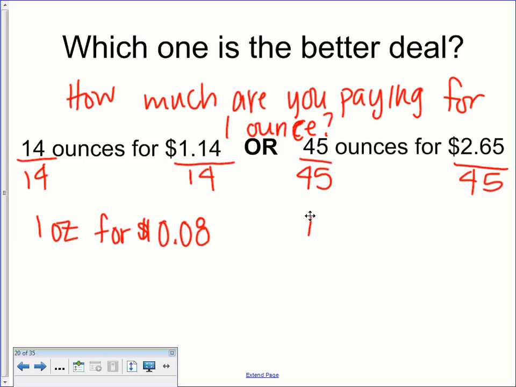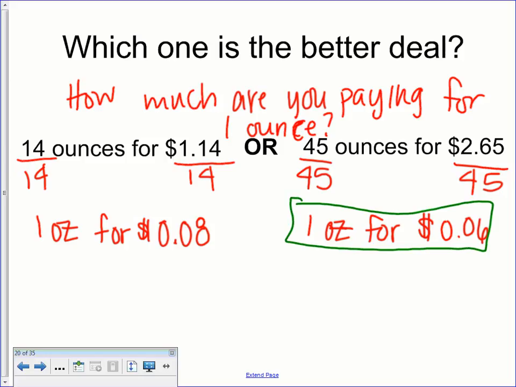Or do I want 1 ounce for 6 cents? Really, the better deal is this.